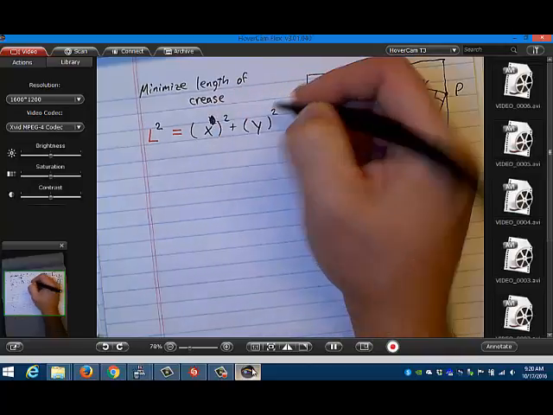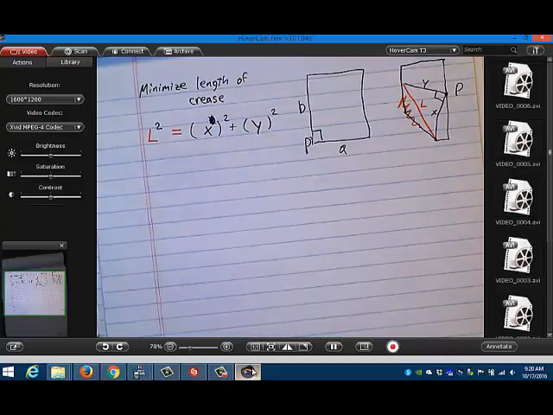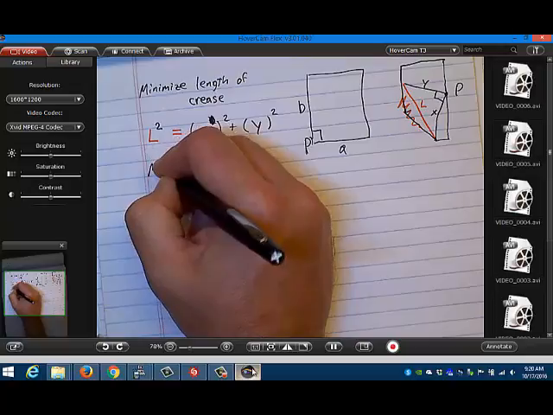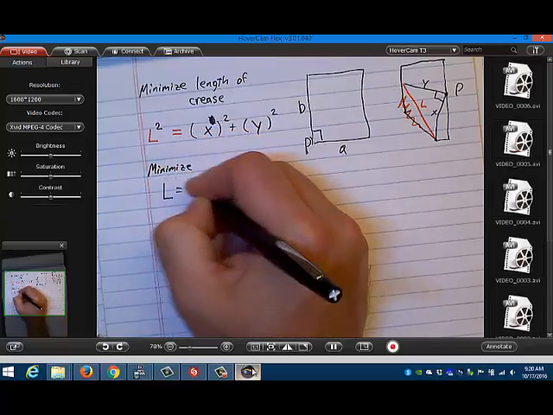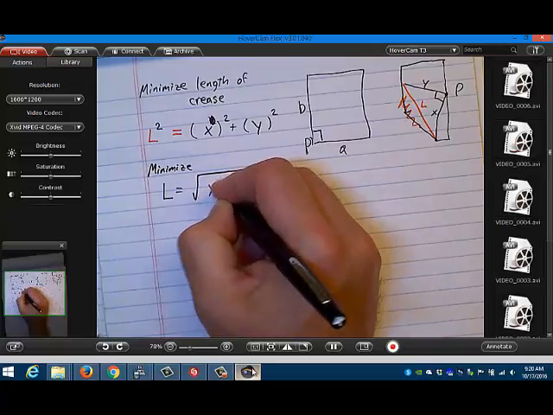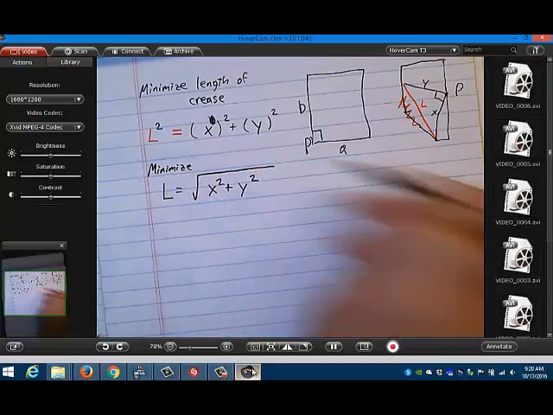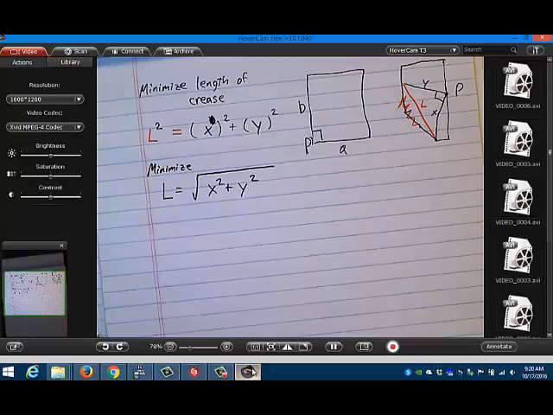So L squared is x squared plus y squared. And so what I would really like to do here is minimize L, which is the square root of x squared plus y squared. Of course, my issue here is I'm supposed to do this in terms of a and b. And I just made up two new variables. That doesn't really help.